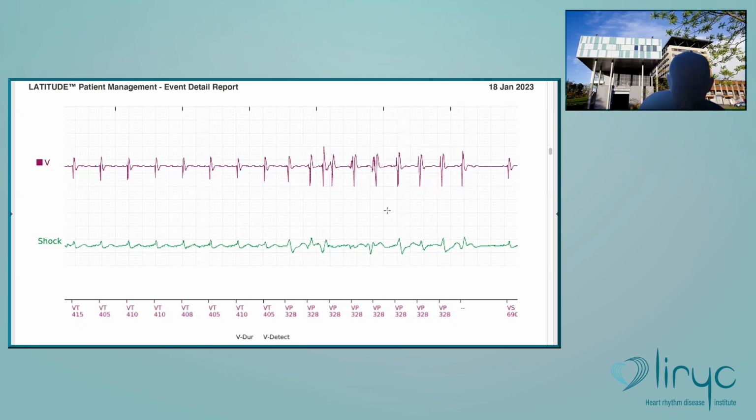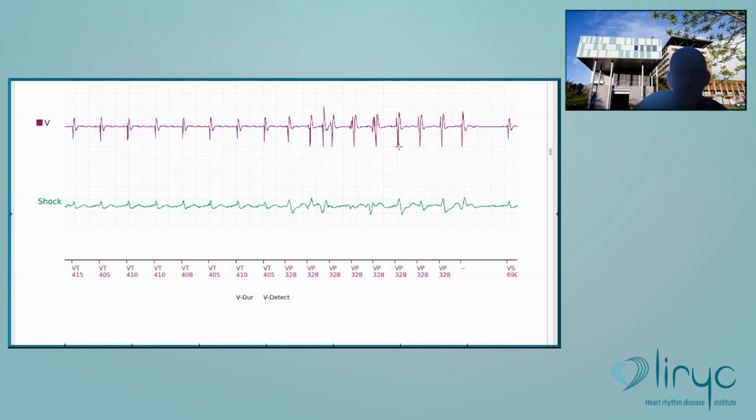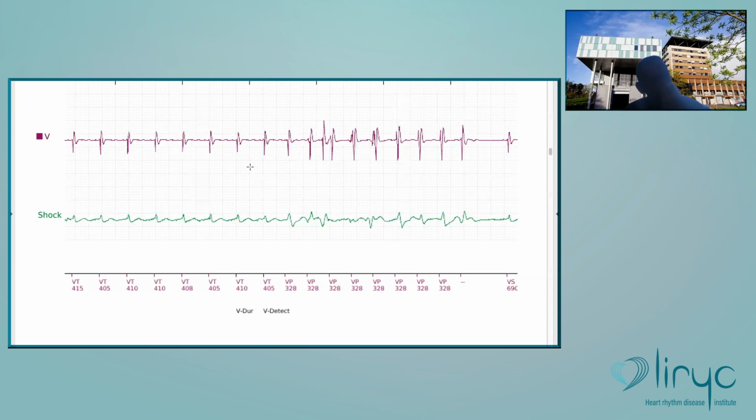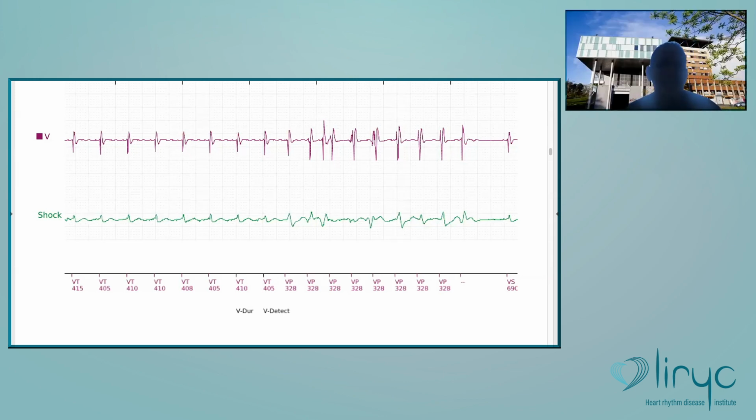The redetection and the new therapies are based only on the rate. The morphology only works for the initial detection. Is it clear?